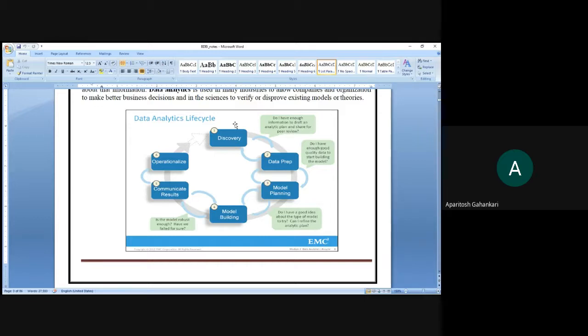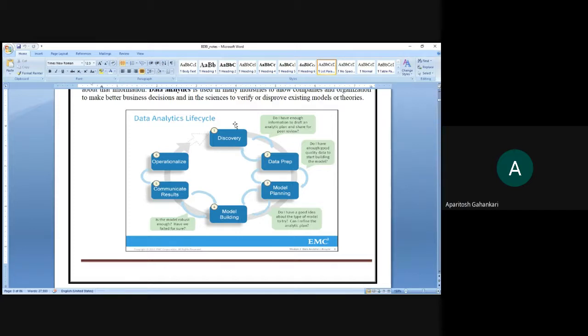Because we want to come up with a piece of knowledgeable information wherein the business can take the proper decision. Because ultimately the aim is that your business decisions should be taken by analyzing the huge amount of data.